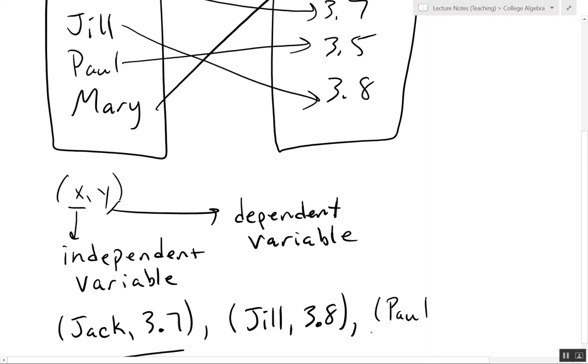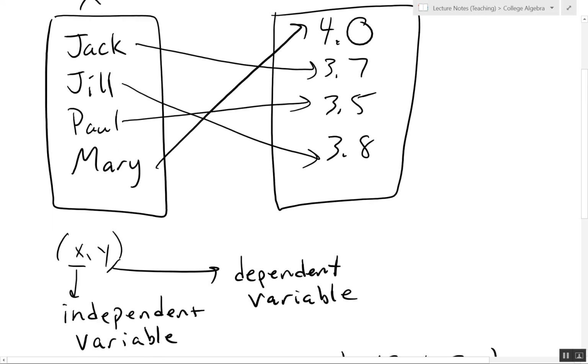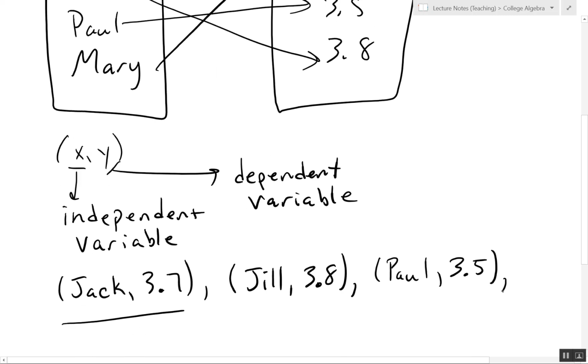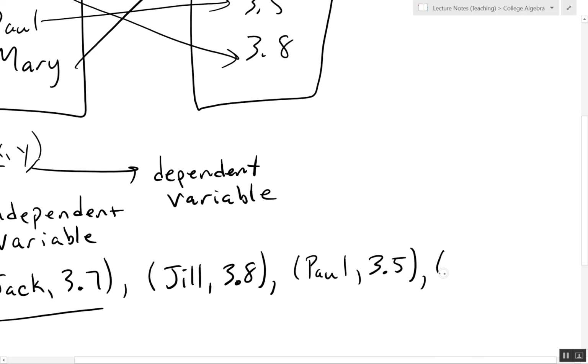So we open parentheses, write Paul, comma, and Paul got a 3.5. And then finally, Mary. Mary got a 4.0, so we put a comma outside the parentheses, write Mary, and write that she got a 4.0, and close the parentheses.